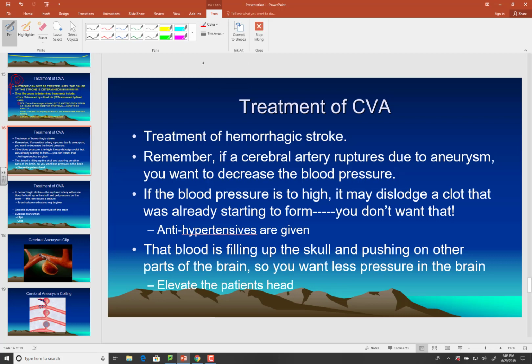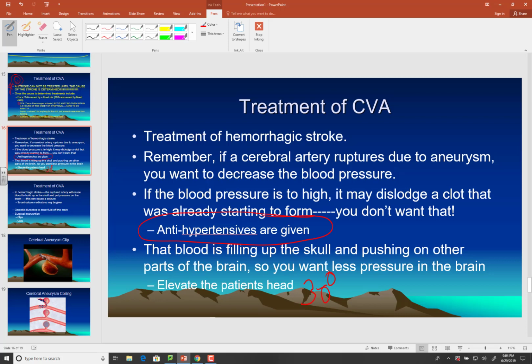Lower that blood pressure. And also, look, you don't want a lot of venous blood going back to the brain. The more blood in the skull, the more pressure in the brain. So you elevate the person's head about 30 degrees. And that's going to reduce the venous return of blood to the brain.